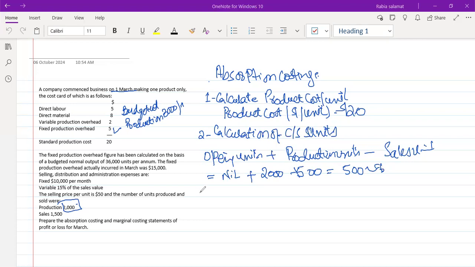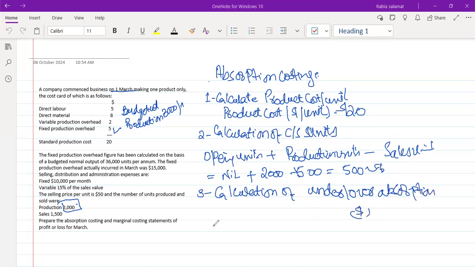Now we have to calculate under and over absorption, as we decided at the start of the question. How much is your actual fixed overhead? It is not given in the question, but the budget is assumed as actual.